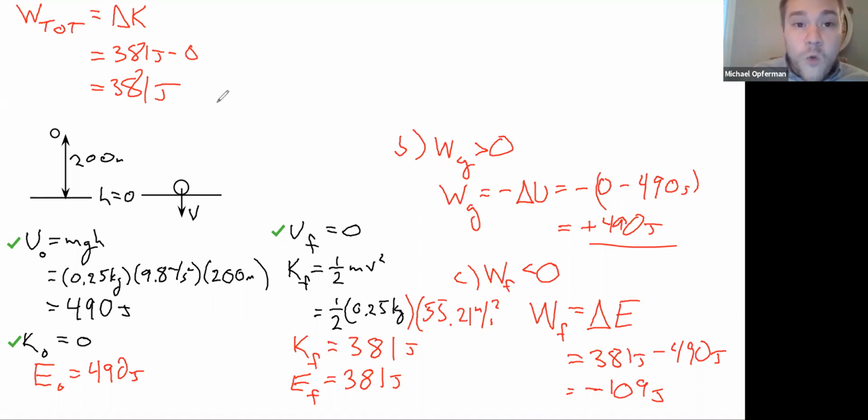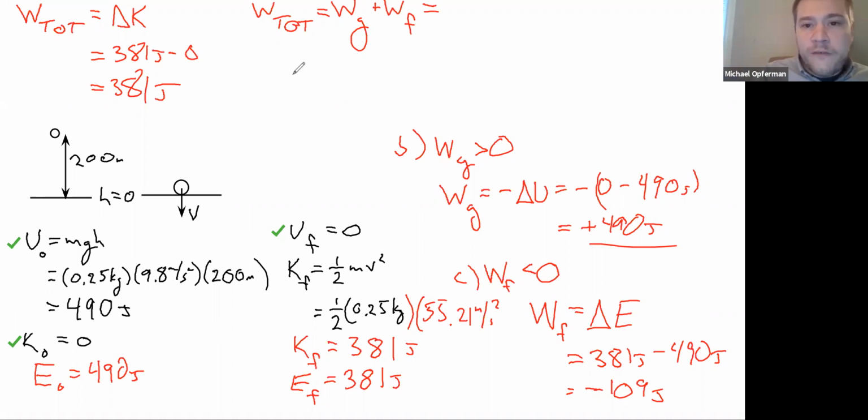Now, what are the various effects here which are doing work on the system? And the answer is that we have two things. We have the work done by gravity, and we have the work done by friction. The work done by gravity is the same as it would have been in the other part, because it's negative the change in gravitational potential energy. So the work done by gravity is positive 490 joules.